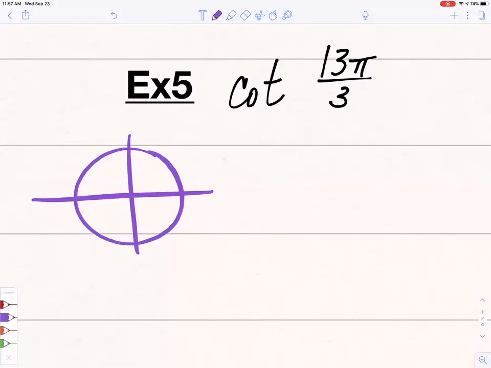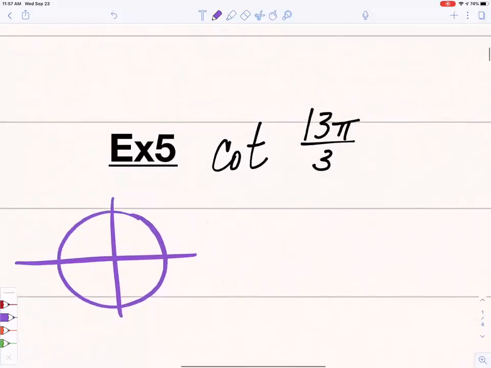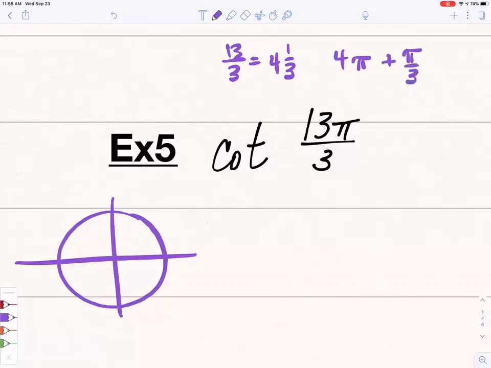Pi over 3. Yeah, so my brain on this one, guys, I like using the mixed numbers. My brain would have said, hey, 13/3 is the same thing as 4 1/3. 4 whole pies lands you back at the beginning, and then I just add on another pi over 3. So that's how my brain does it.